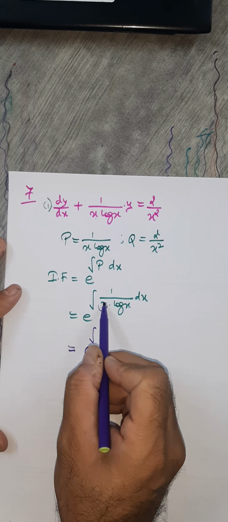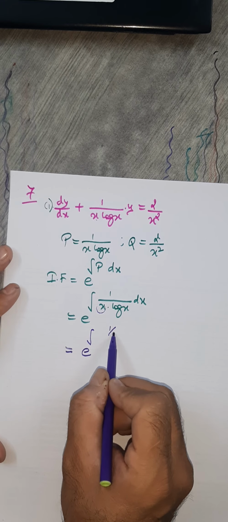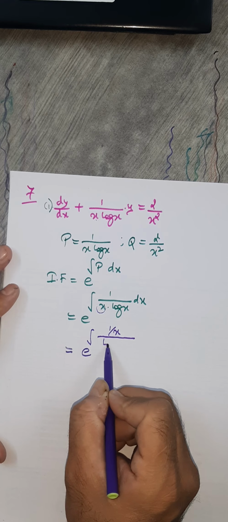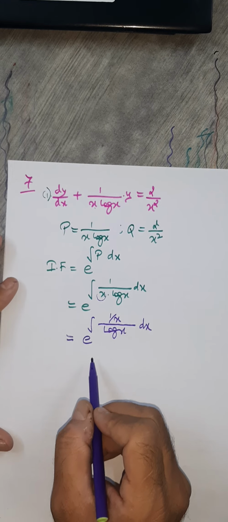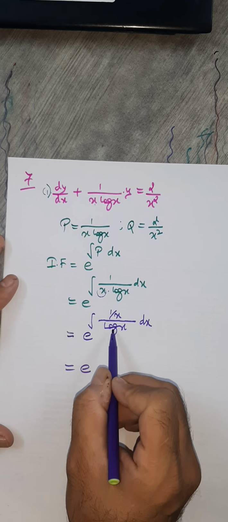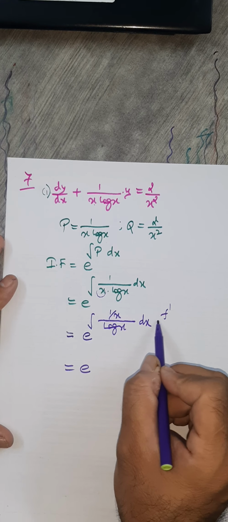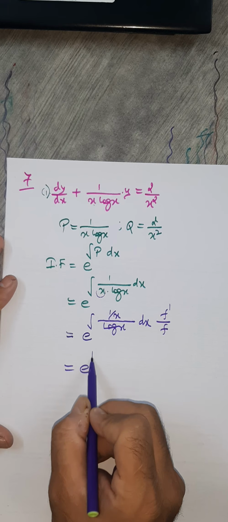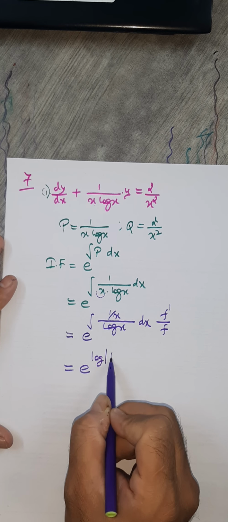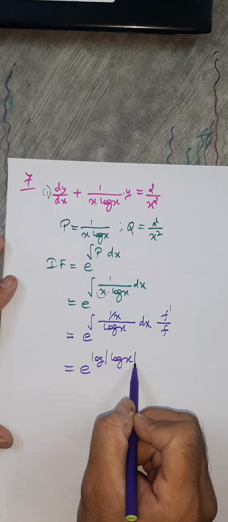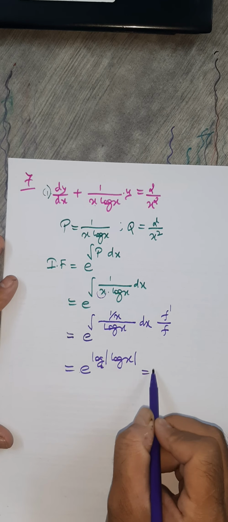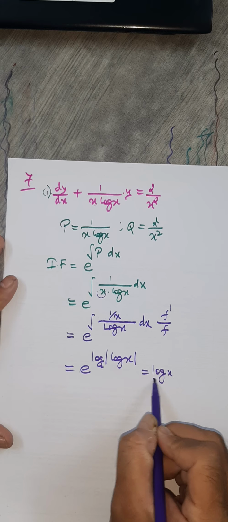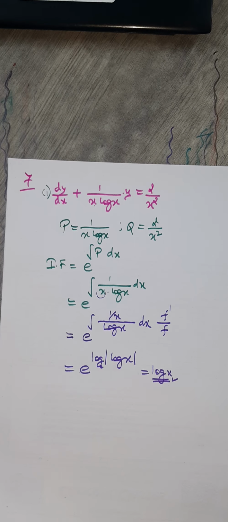You know such questions, take the x upstairs, so this becomes 1 by x upon log x, or you can put log x equals t if you don't want to do this. So e raised to, you know now this is the f dash upon f form. So you have log of mod of the denominator expression, if you remember. Log and exponential will get cancelled, so your final answer is just log x. This is nothing but the integrating factor, remember.